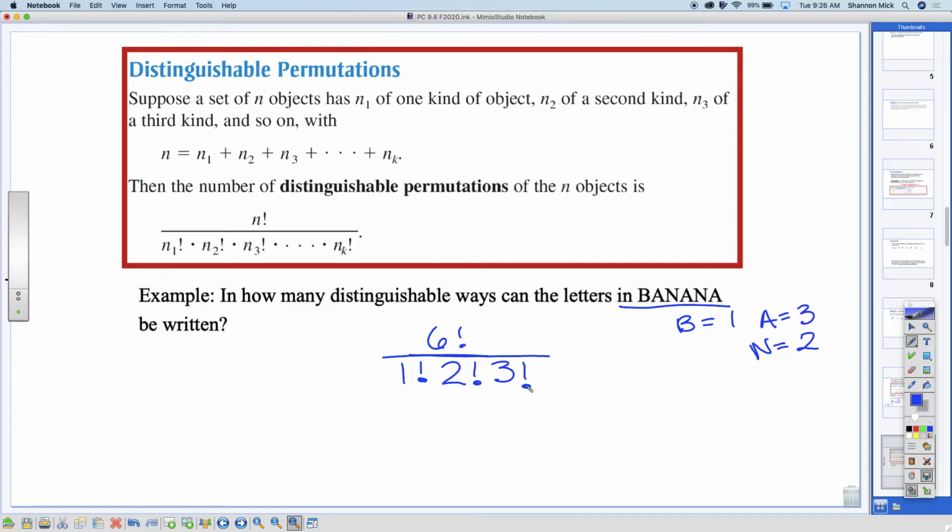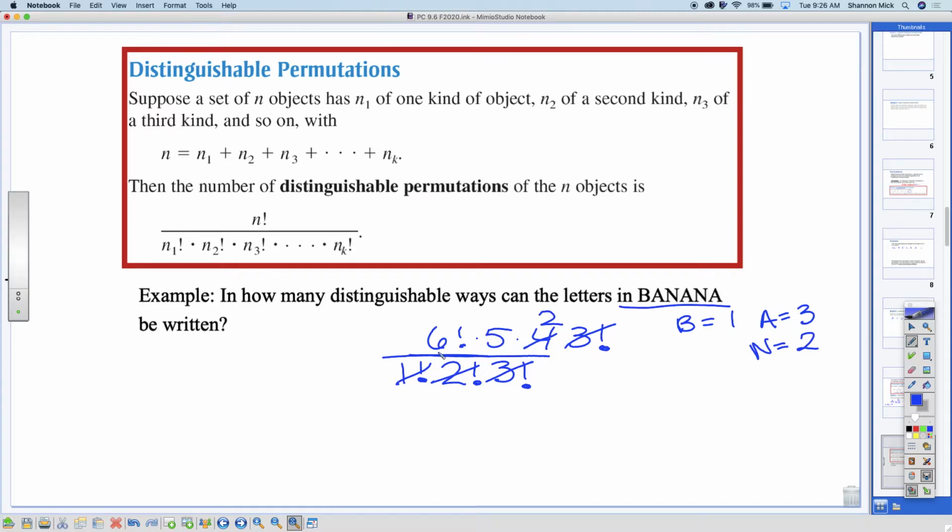So 6 factorial is 6 times 5 times 4 times 3 factorial, correct? So 3 factorial reduces. 1 factorial is just 1, and 2 factorial is just 2. So you want to divide 6 or 4? Probably 4, right?